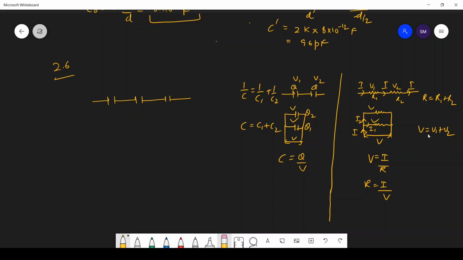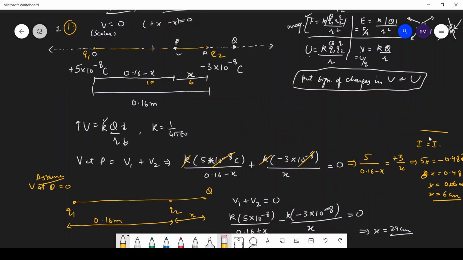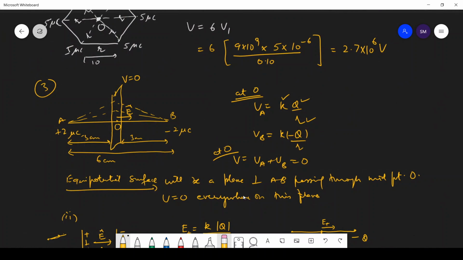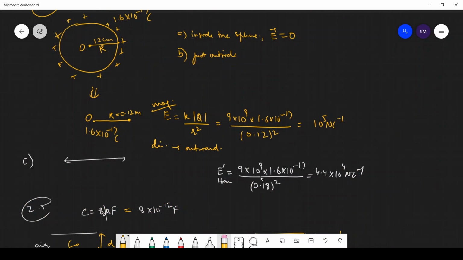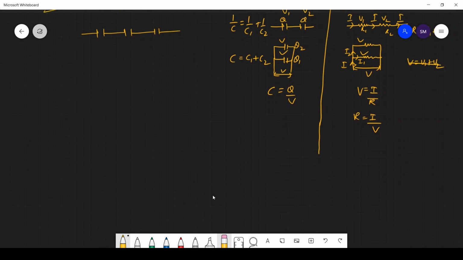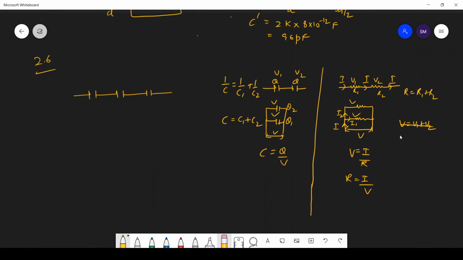Sorry, I is equal to I1 plus I2 here. So for resistance in parallel, 1 by R is equal to 1 by R1 plus 1 by R2.